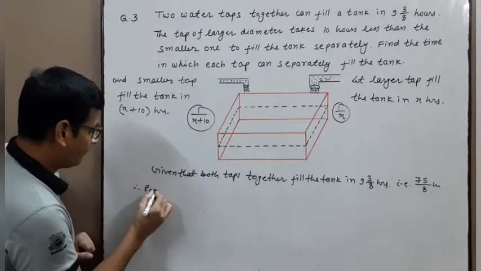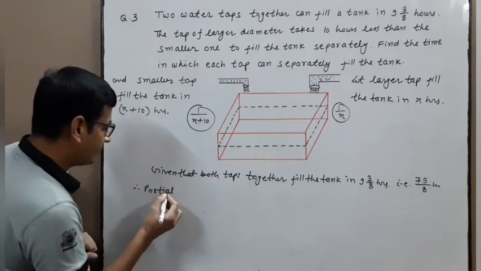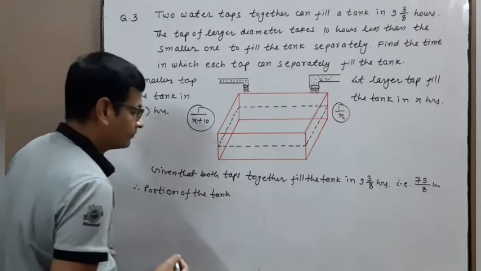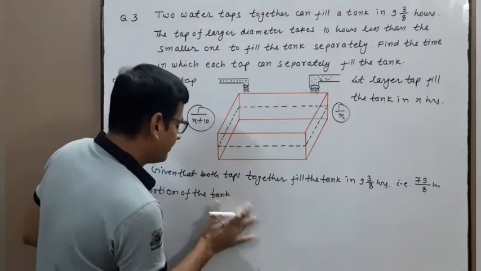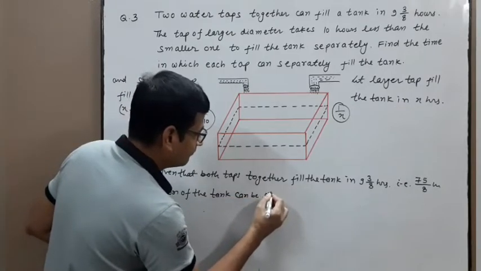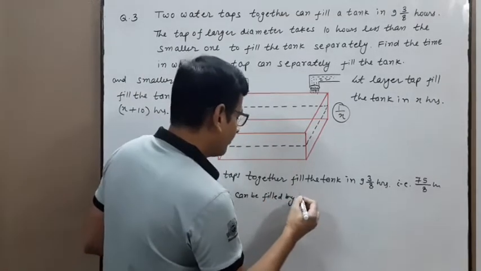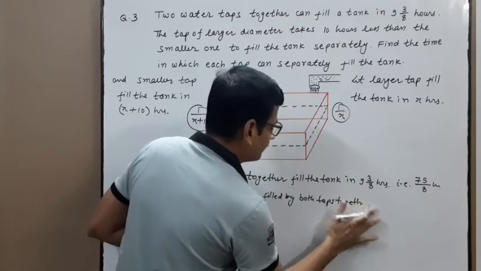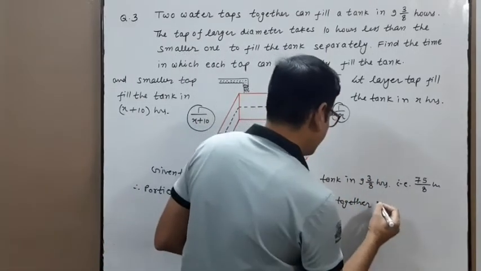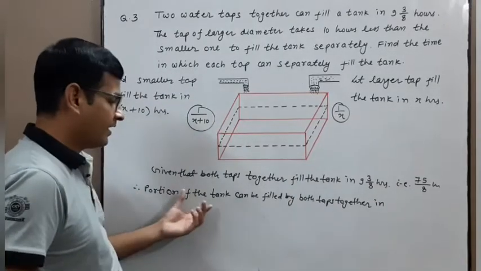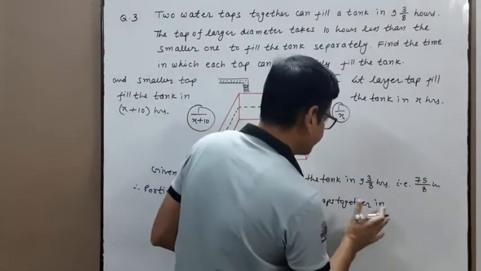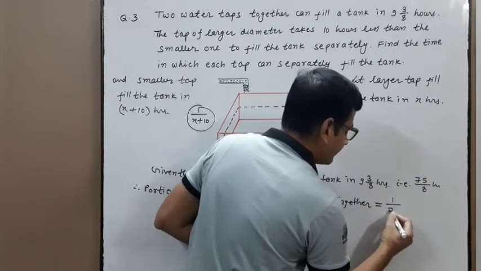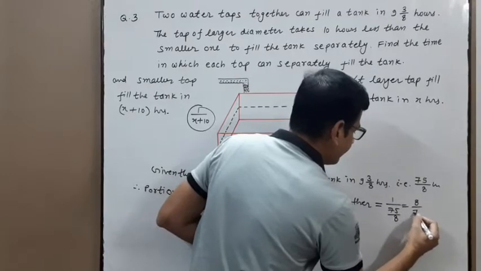Therefore, the portion of the tank that can be filled by both taps together in 1 hour is equal to 1 upon 75 by 8. 1 upon 75 by 8 means 8 upon 75.